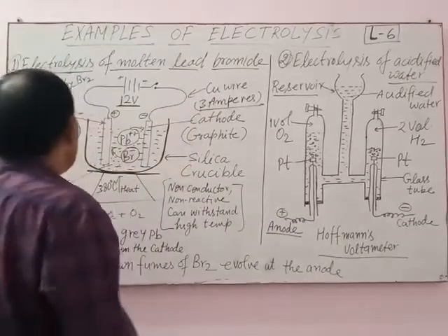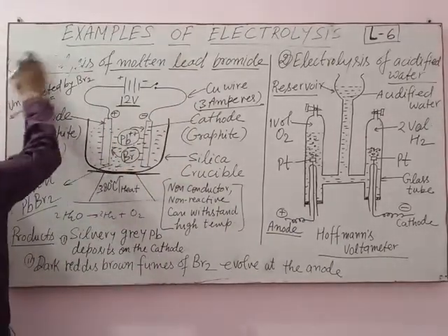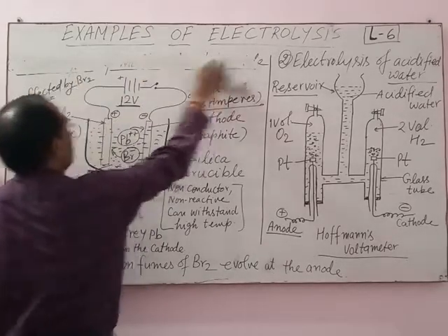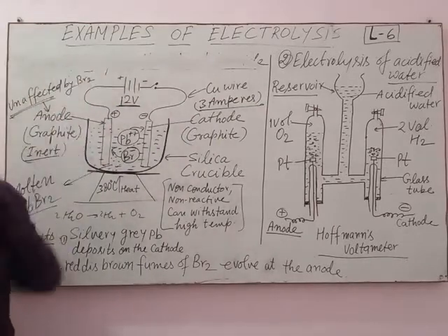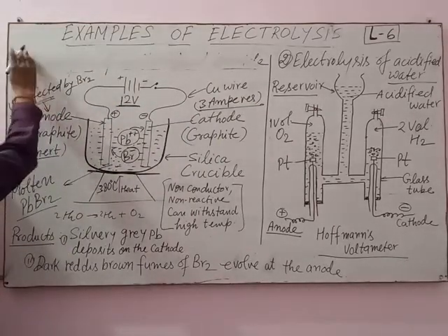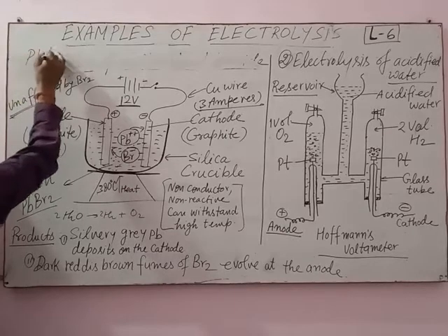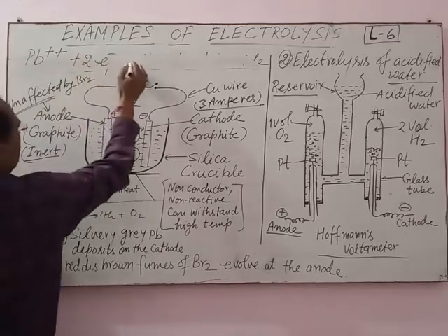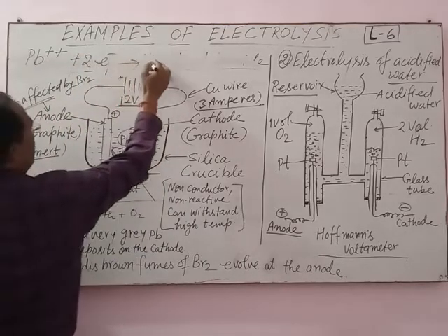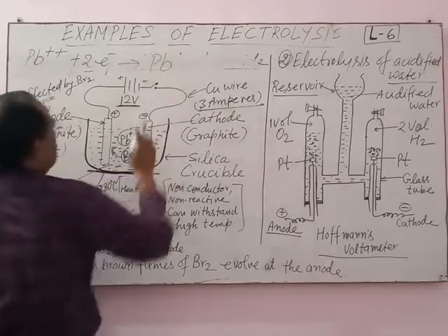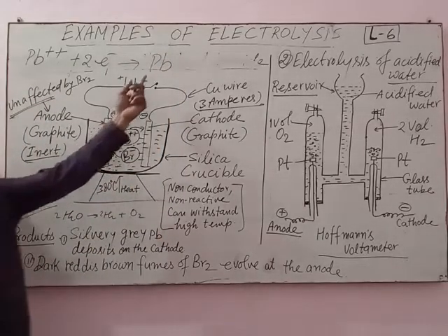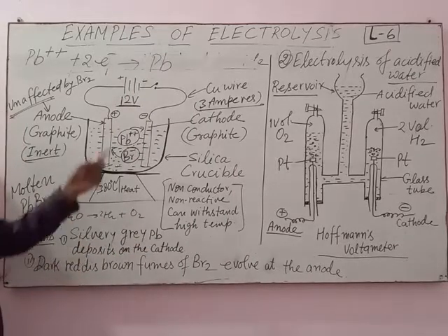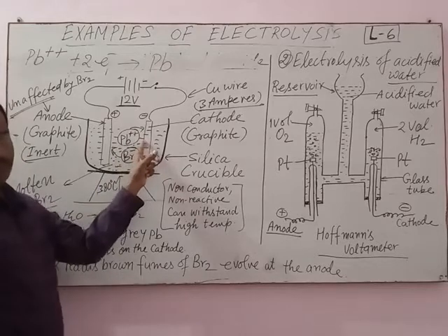During the discharge of Pb2+ ion, the reaction takes place as follows. Pb2+ ion takes 2 electrons from cathode and deposits as silvery gray lead on cathode.